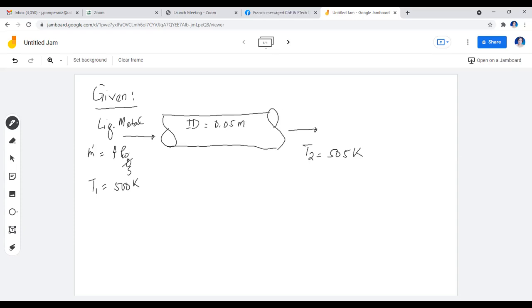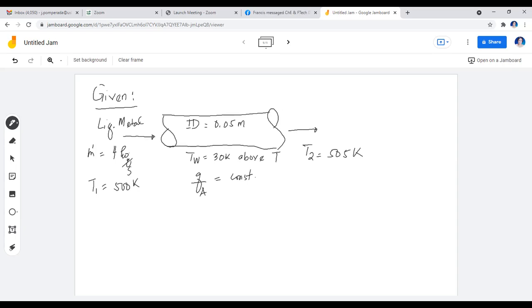And I'd like to write here that the wall temperature is 30 Kelvin above the bulk temperature. So we represented our bulk temperature in our fundamental formula for convective heat transfer as T. That's the bulk temperature of our fluid. Then it's mentioned in the problem that our heat flux is constant.